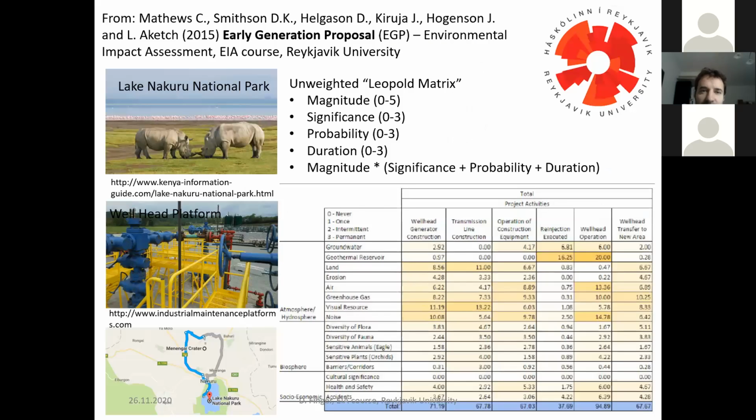in previous years. For example, a group of students used the Leopold matrix to assess the environmental impacts of wellheads in a geothermal power project in Kenya.